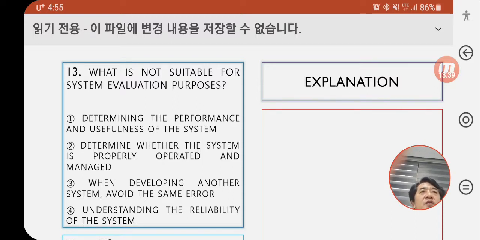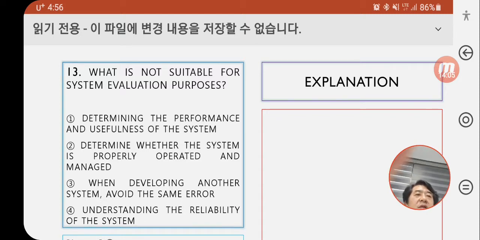What is not suitable for system evaluation purpose? Number 1, determining the performance and usefulness of the system. Number 2, determine whether the system is properly operated and managed. Number 3, when developing another system, avoid the same error.